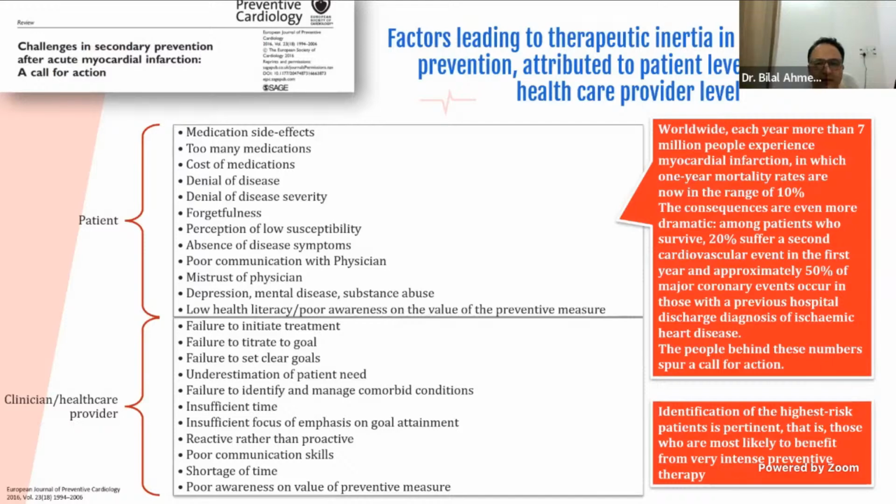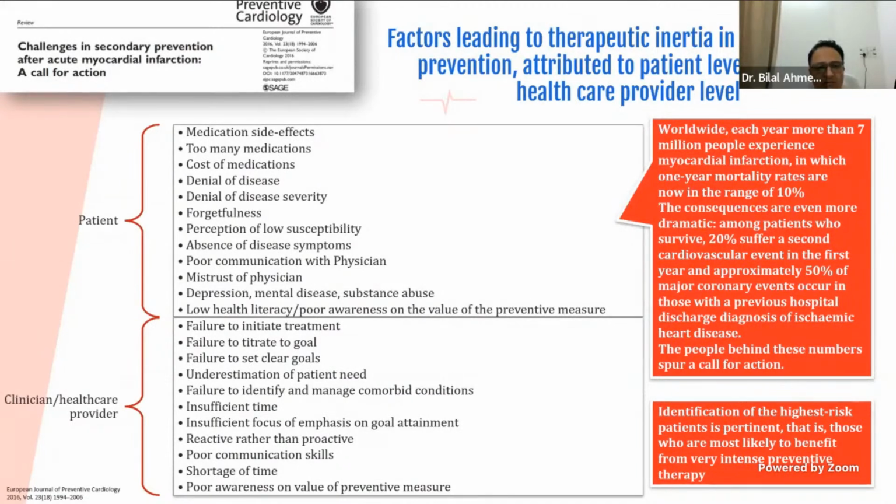There are certain factors which are challenging the inertia in cardiovascular event prevention. They may be patient related, they may be healthcare or doctor related. For the patient, it is medication side effects, or the patient is not tolerating medicine, or the patient who already has other comorbidities and is receiving all these medications, whether it's diabetes, hypertension, COPD, that makes it very cumbersome to use statins, right, on top of already too many medications.